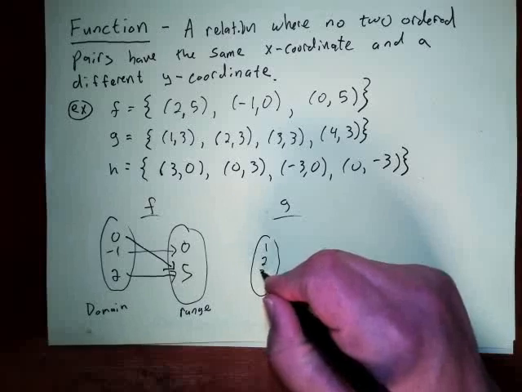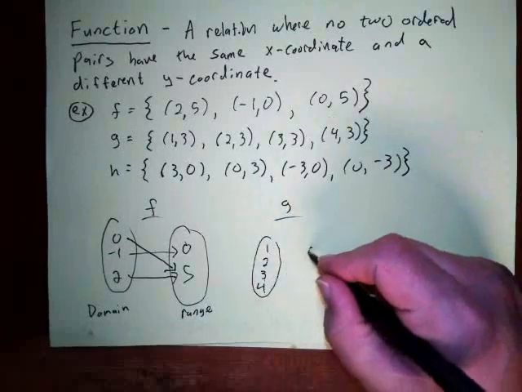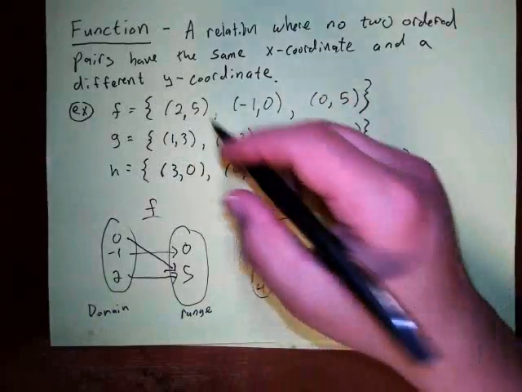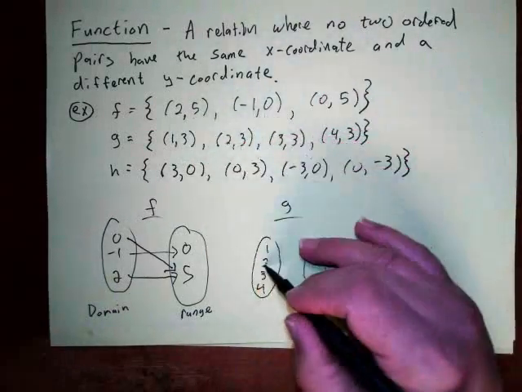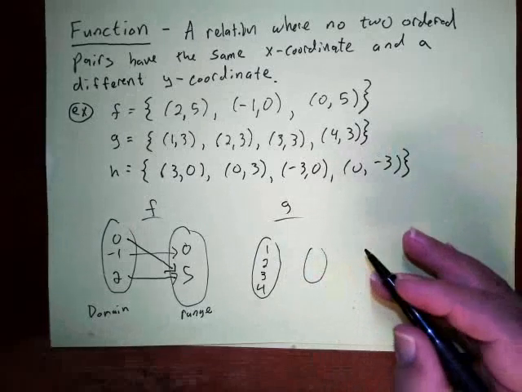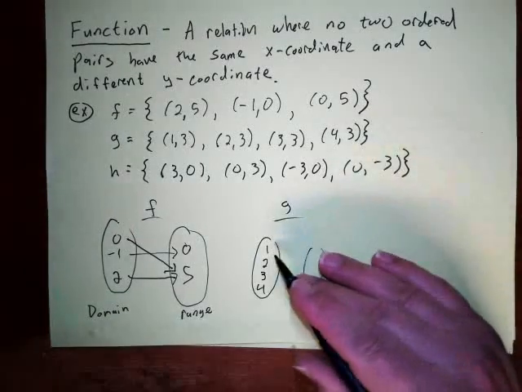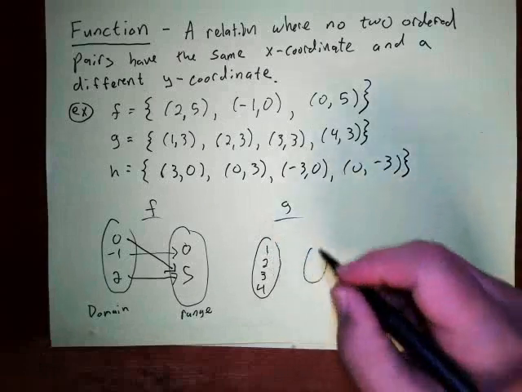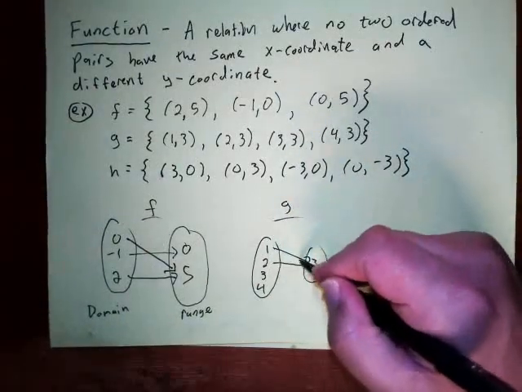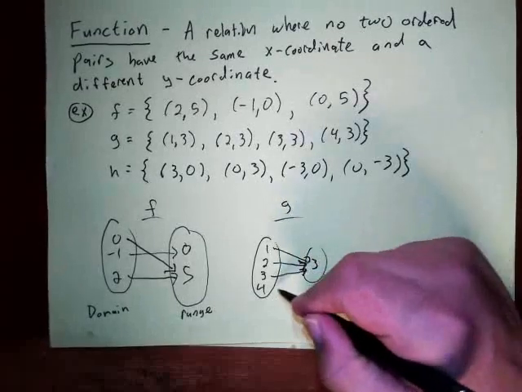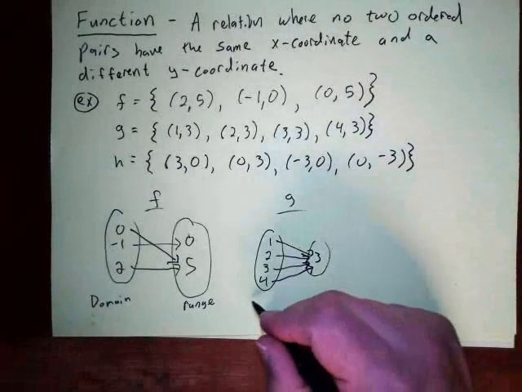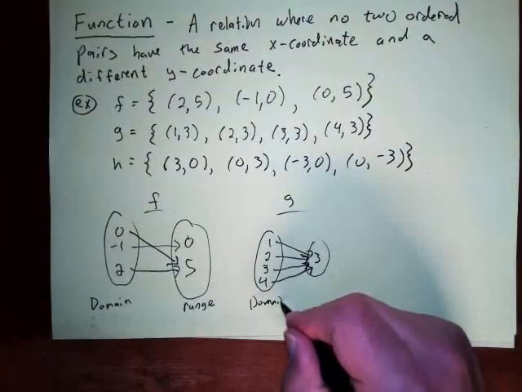If you have an x coordinate going to two different y coordinates, then it's not a function. But you can have multiple x coordinates going to the same y coordinate. And in fact, this one, you have all of these going to this coordinate. And that's okay. That's still a function here.